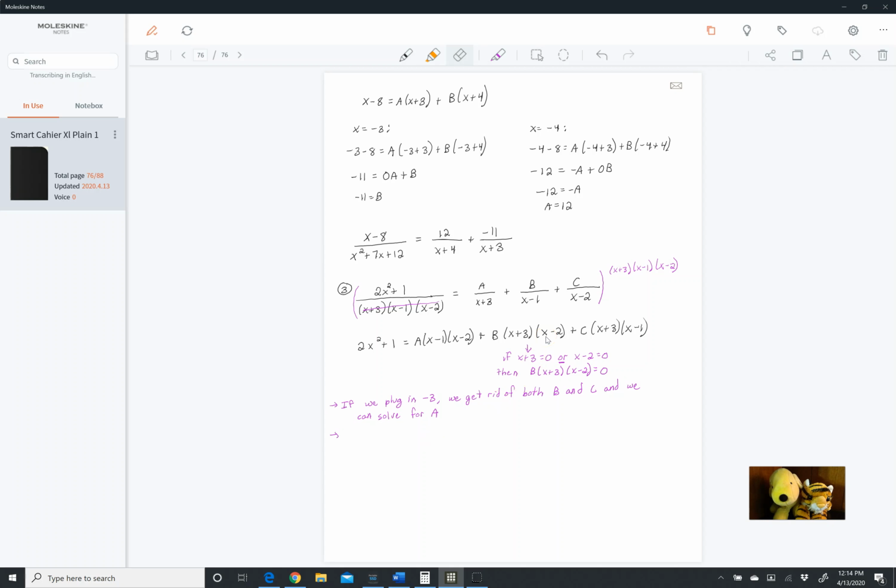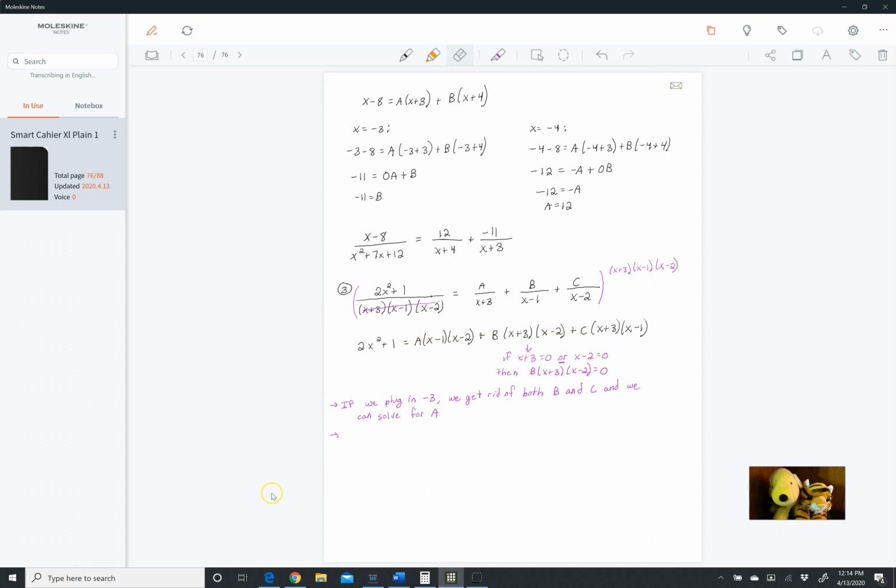Let's see what would allow us to solve for B. So in this one, we would have to have a number that makes both A and C equal to 0. So here, if you notice, they both have x minus 1 in common. So if we plug in x equals 1, then we get a 0 here, which makes this whole term 0. And we get a 0 here, which makes this whole term 0.